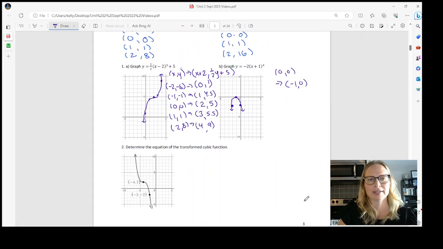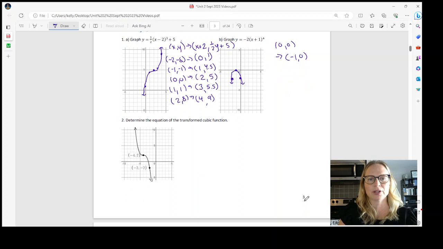So your other skill will be to look at a graph and determine the equation. So this is a cubic function, and our cubic is of the form y equals a(x minus d) cubed plus c. So we know normally a cubic passes through (0, 0).